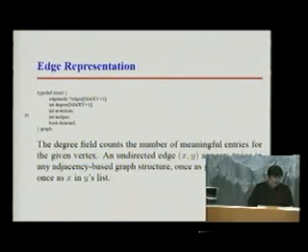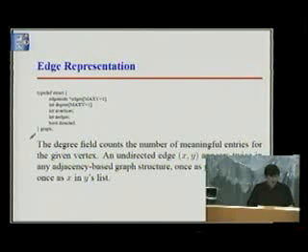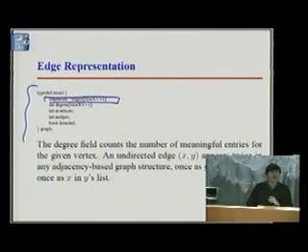What is my whole graph representation? My graph representation is here, an array of edges. This is my array of linked lists. Here I happen to have in my graph representation an array of degrees, so I know what the degree of each vertex is.